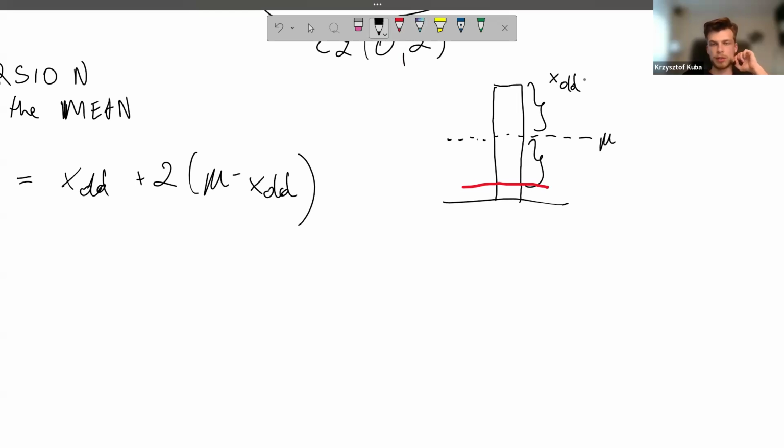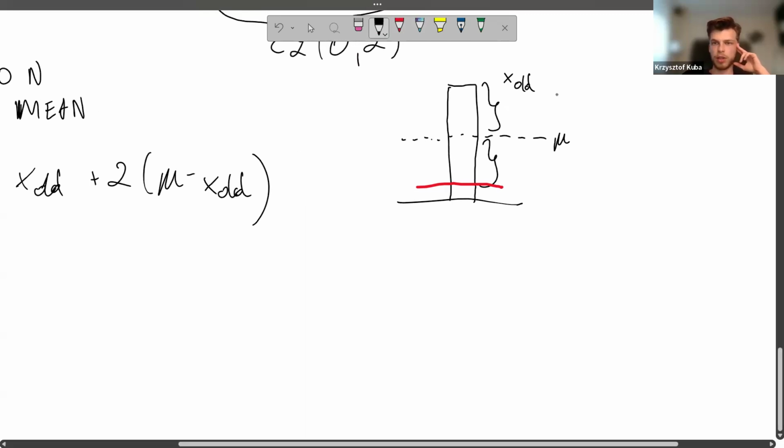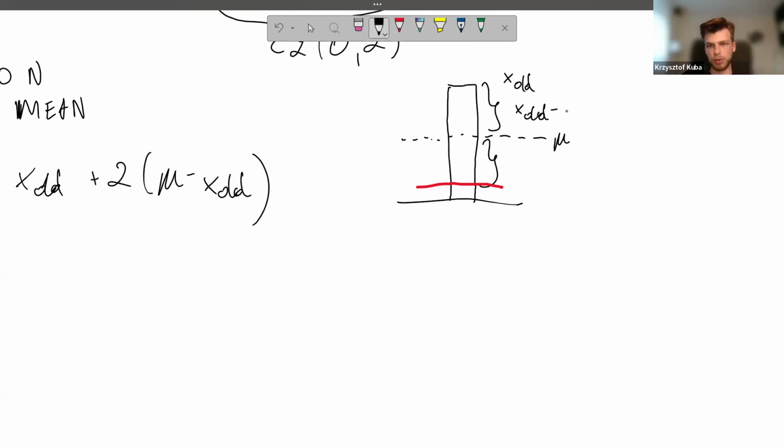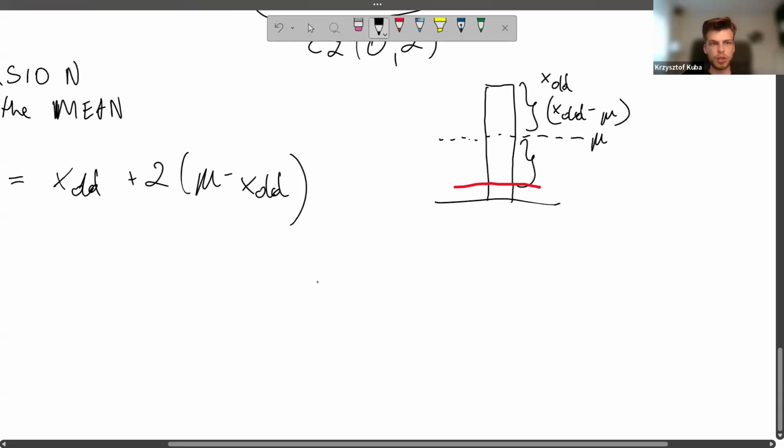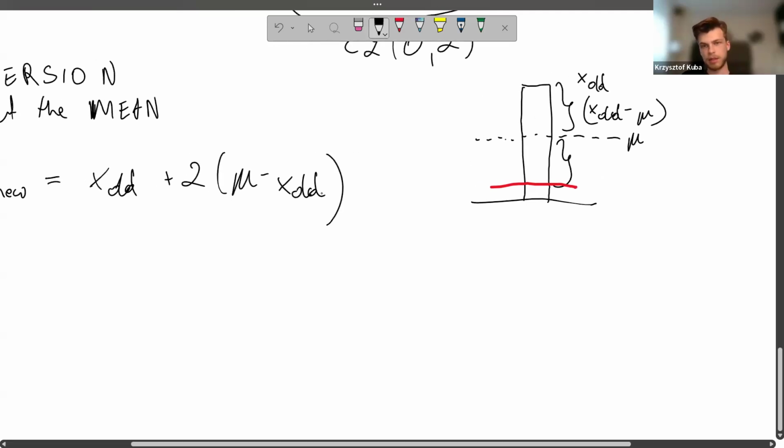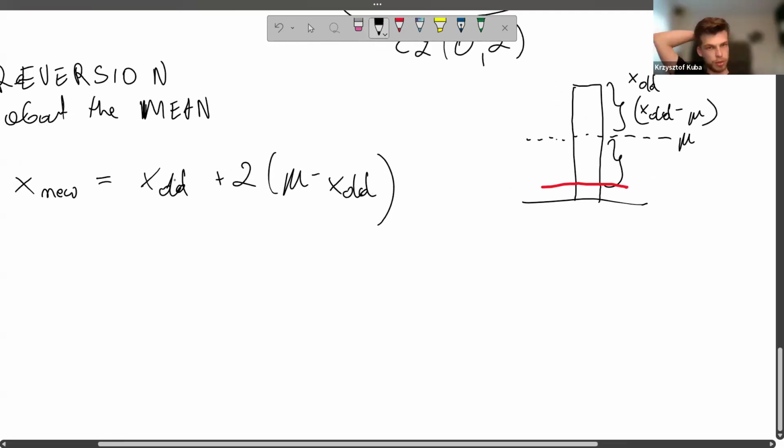And we need to subtract from the value of x old 2 times the difference, which is x old minus mu. Right? So we have this difference, and we have to subtract it 2 times, or let's say add it to the old.